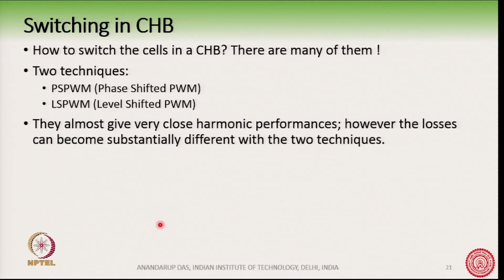When you understand this phase shift PWM and level shift PWM, you will yourself understand that it is possible to progress using these PWM techniques for a general n level space vector diagram. It is just a modification of this PS PWM and LS PWM that we can use a space vector PWM. So, the modification is quite simple. You center the 0 vector for any n level space vector diagram.